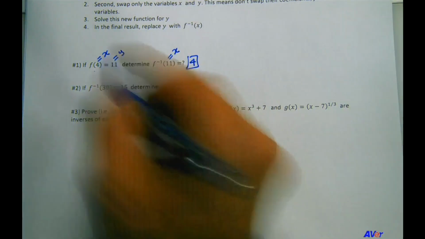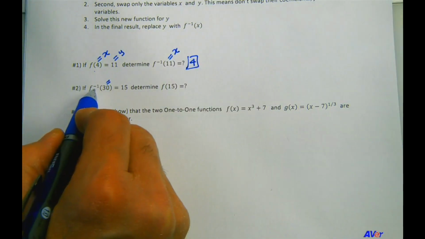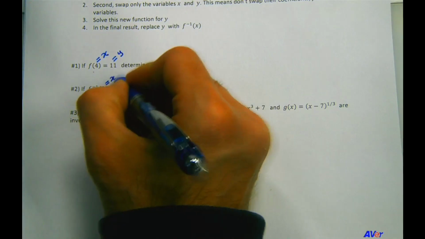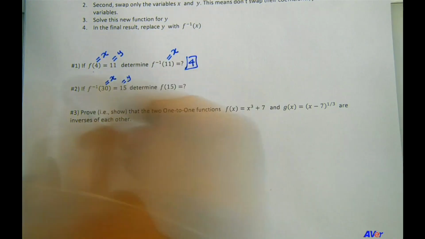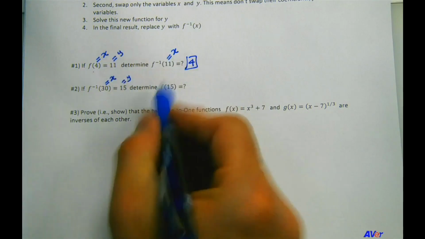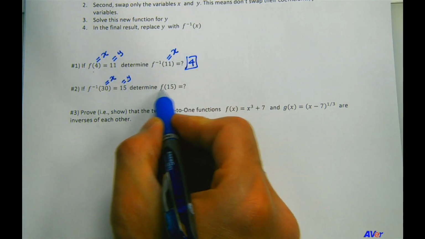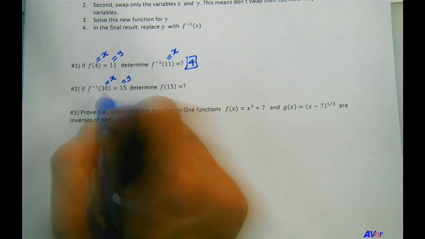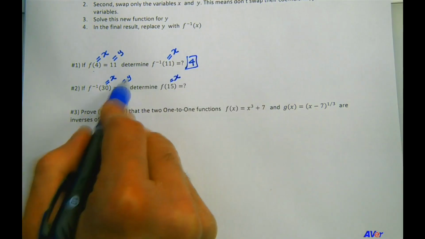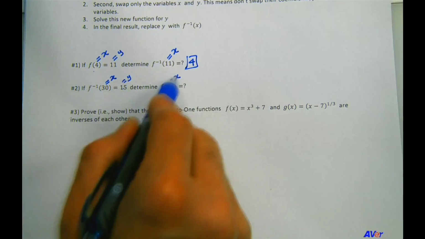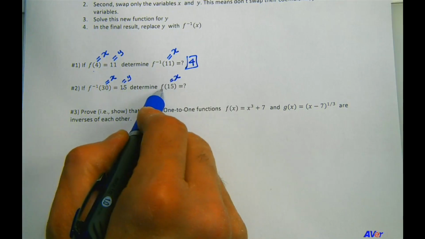So here, for the inverse function, the x was 30 and the value of the inverse function was 15. Now those roles are reversed when we're evaluating the function. So the function at 15, so the y in the inverse function is now x, is the original function.